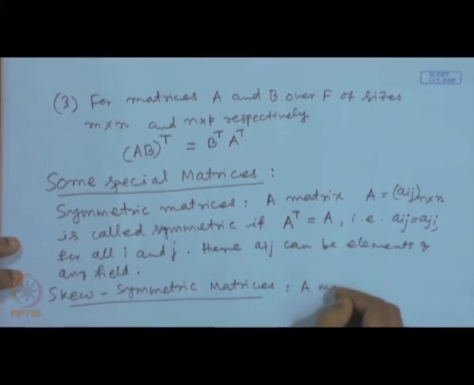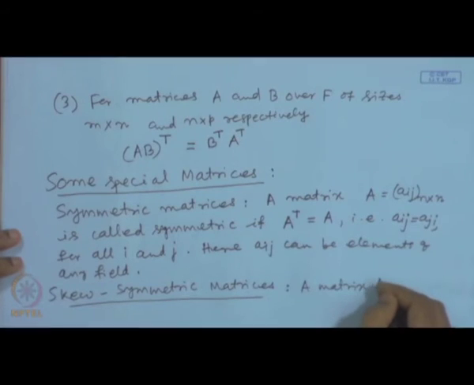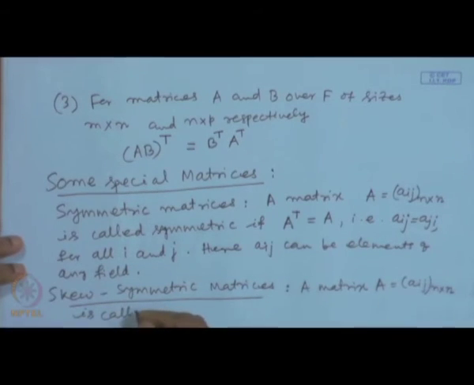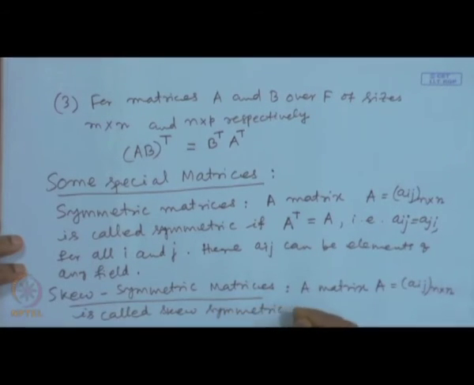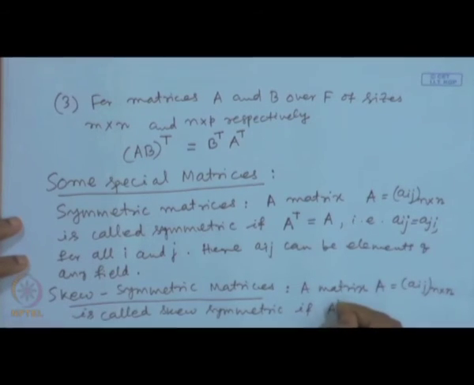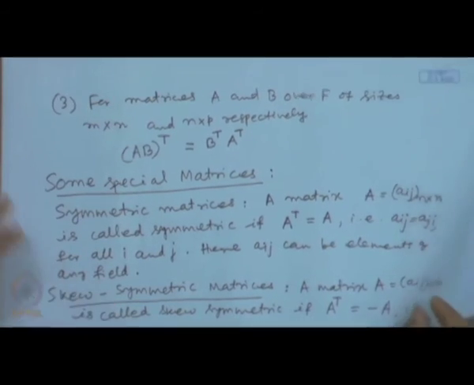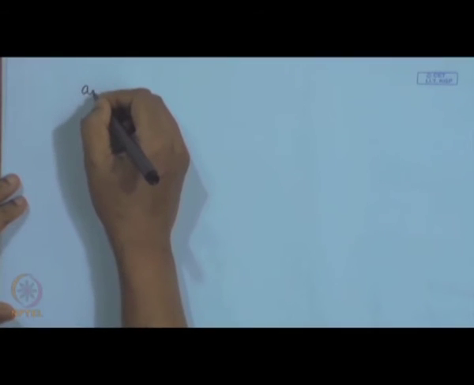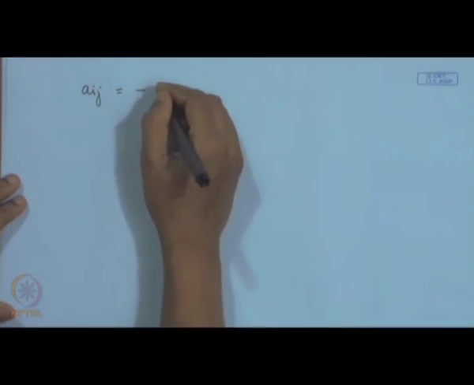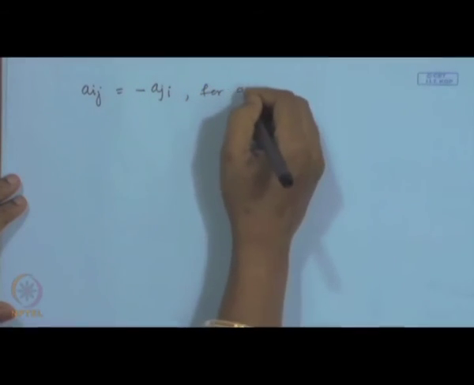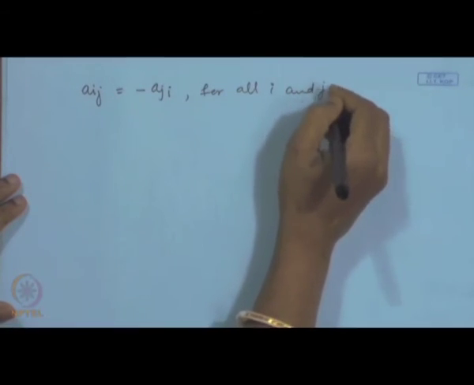A matrix A with entries Aij, which is also a square matrix, is called skew symmetric if A transpose is equal to minus A, that is, it satisfies the condition that Aij is equal to minus Aji for all i and j.